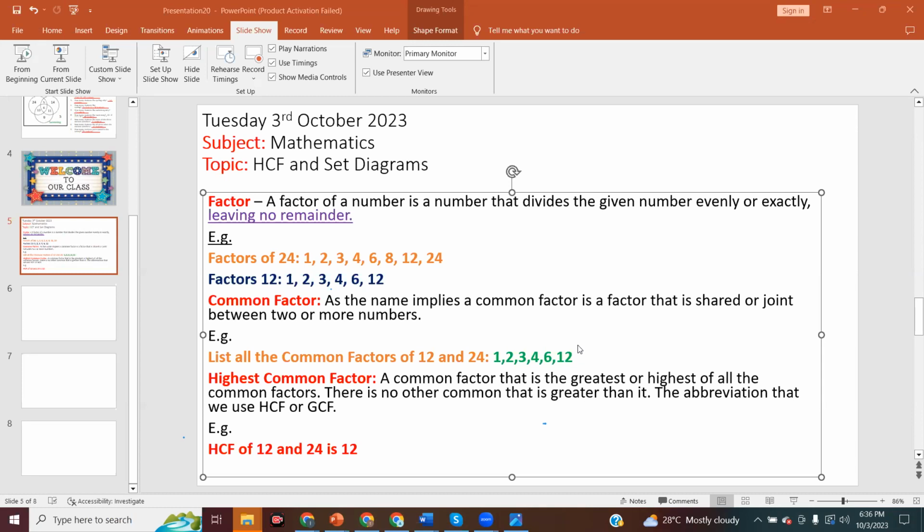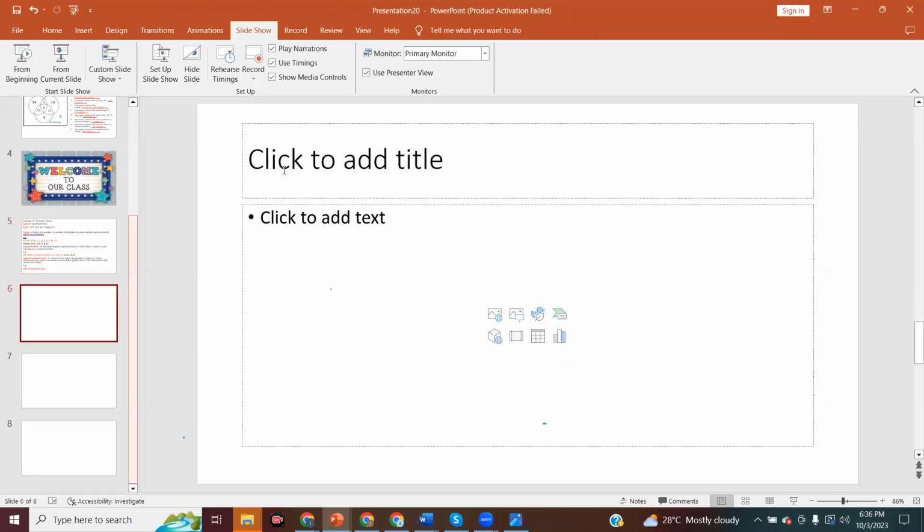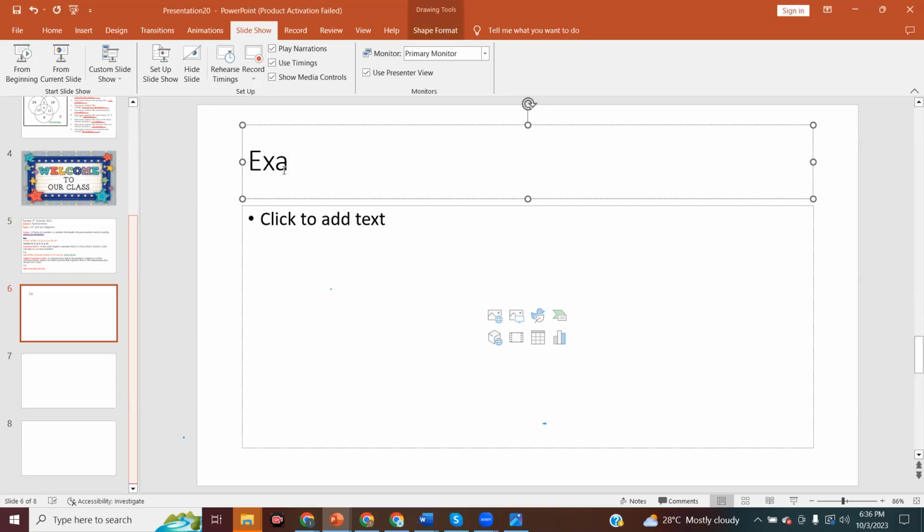Let me give them a little more time to finish their work, and then we're going to move on. All right, so let's begin. Example: sets, HCF, and sets.